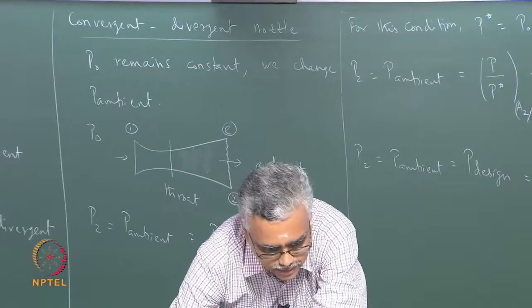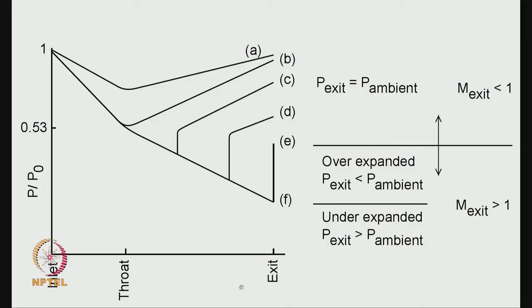So this is the inlet, this is the throat section, this is the exit section. Notice that in the first case the pressure at the throat is not equal to P star, so we just establish a flow. It is fully subsonic, accelerates a little bit in the convergent portion, then decelerates, fully subsonic, isentropic, but the throat pressure is not equal to the critical pressure.